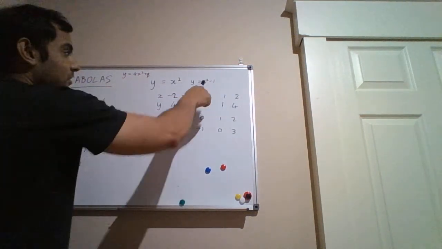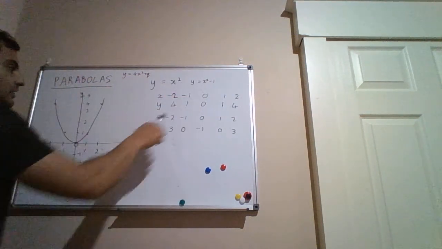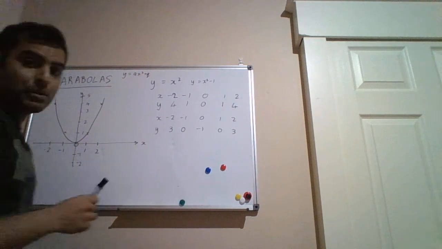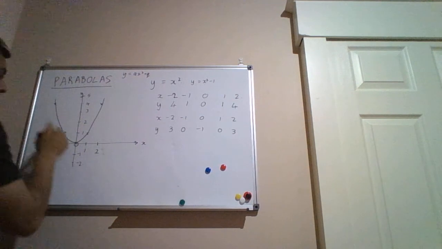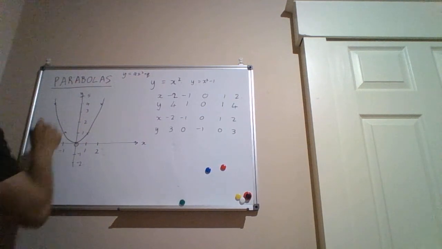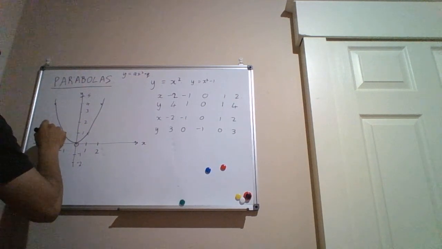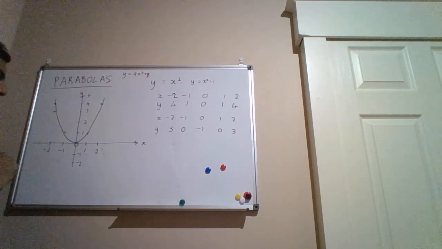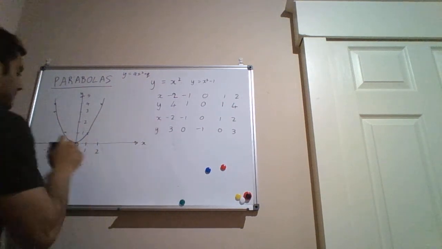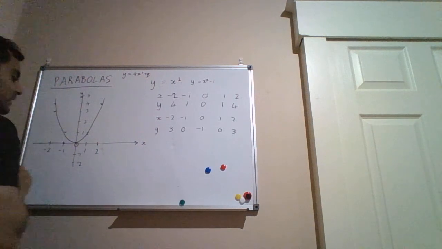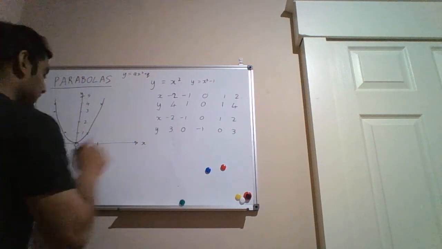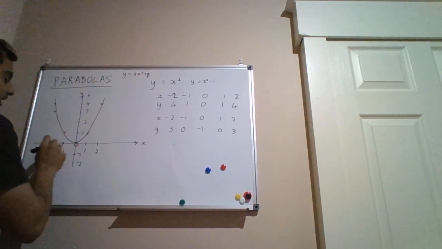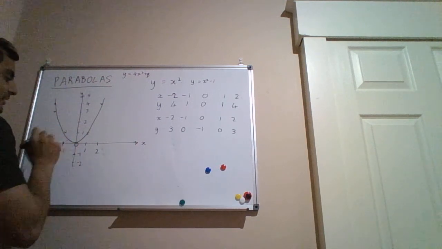Now, if we plot this graph, let's go through the points. X equals minus 2, y equals 3. Here's x equals minus 2, y equals 3, 1, 2, 3. So that's somewhere there. Next, minus 1 and 0, so it's there. 0, negative 1. Here x goes minus 2, minus 1, 0.